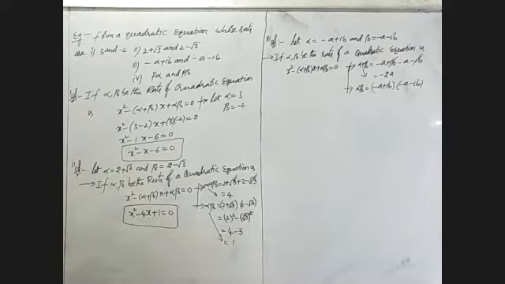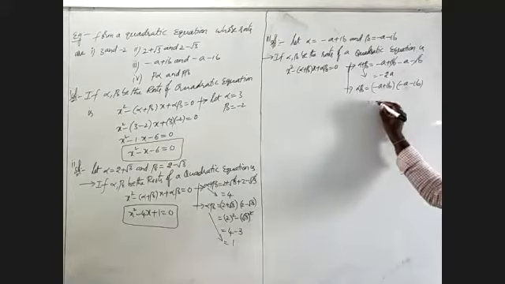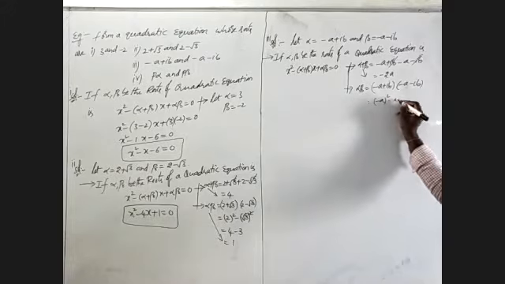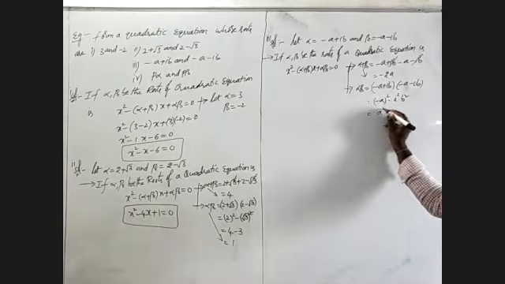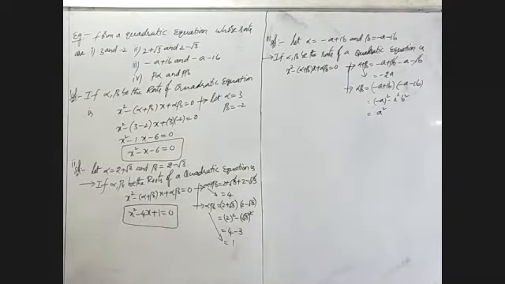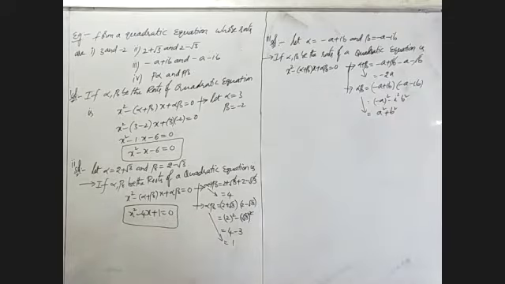Okay, the given one is of the form (a plus bi)(a minus bi), so I will write (a) whole square minus i square b square, which is a square, where i square becomes minus 1, and minus into minus is plus, so b square. That is the value of alpha beta.